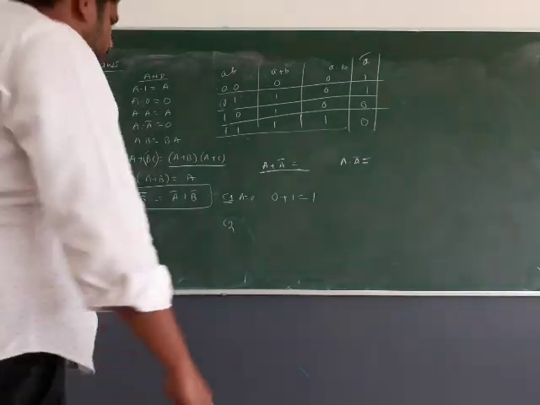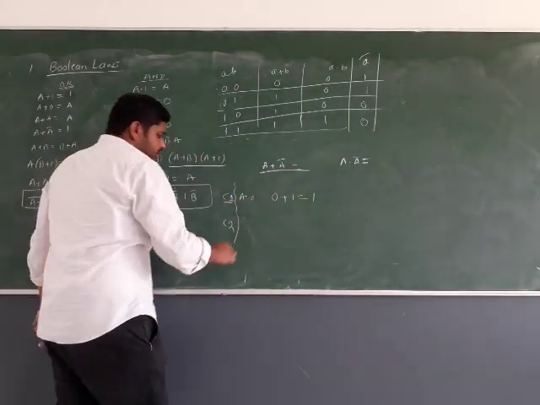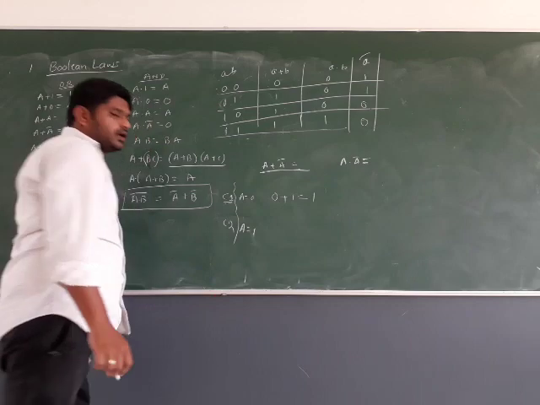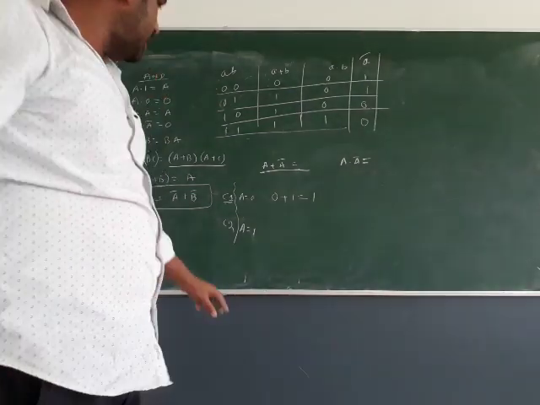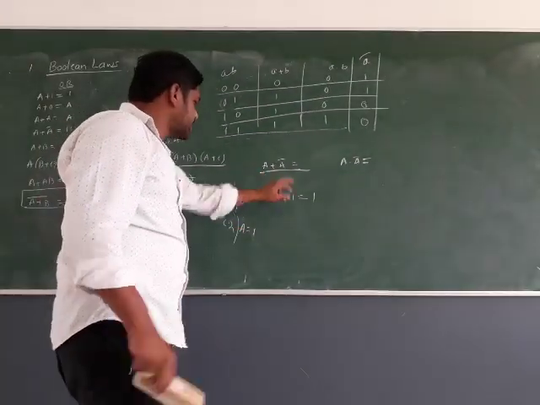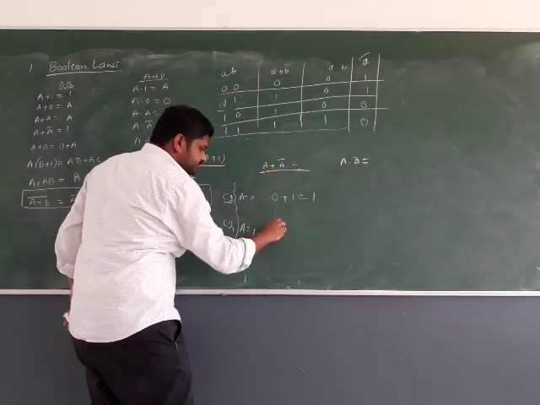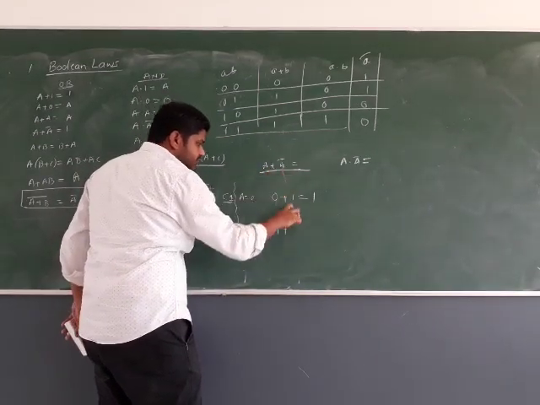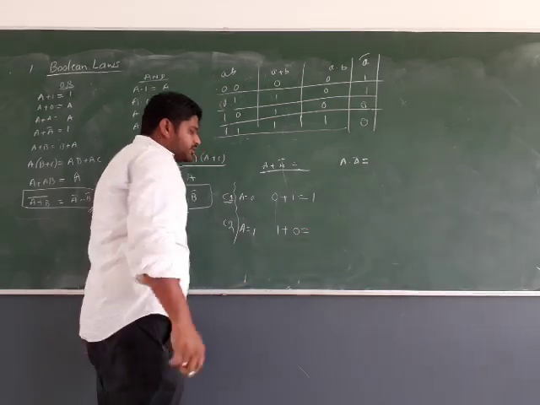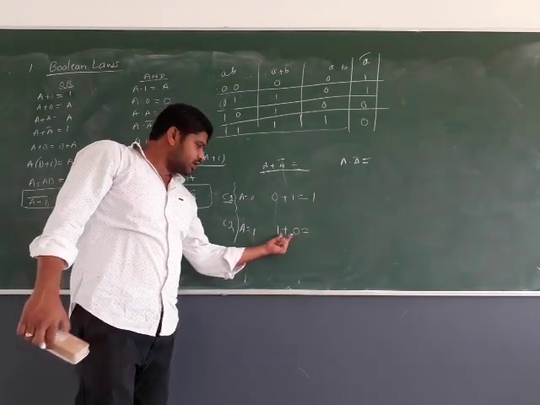Okay, now go for case 2. Here assume A as 1. If you assume A as 1, first substitute A as 1, plus substitute A bar, meaning A complement. So what do you get? The equation 1 plus 0.